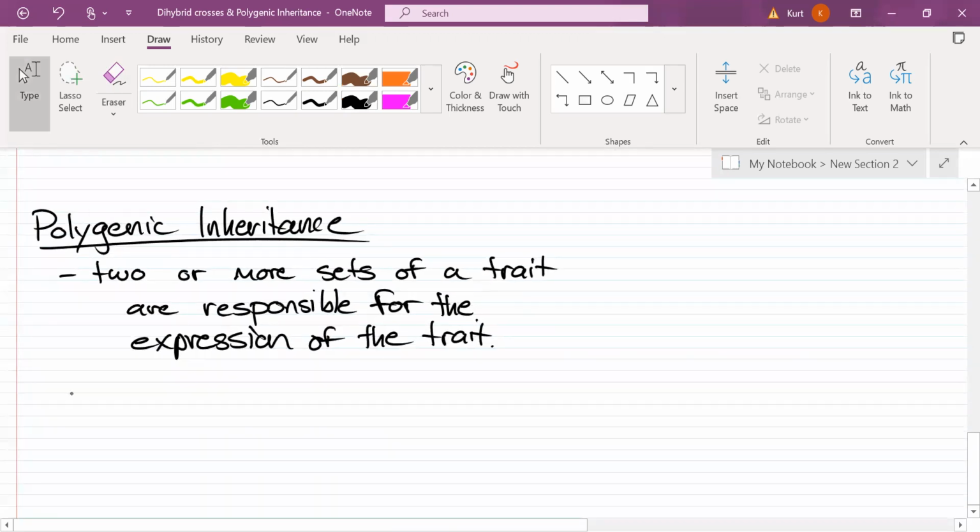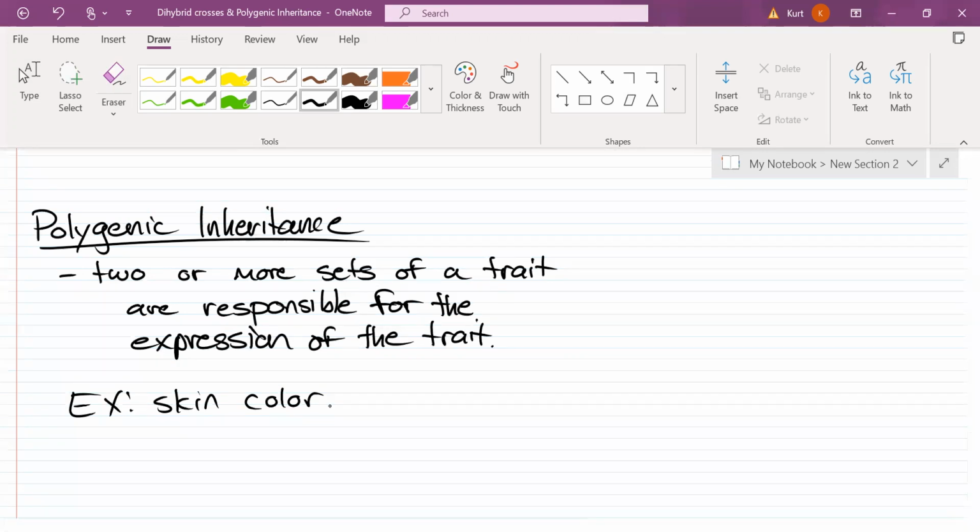So an example is skin color, everyone. Skin color in humans. It's not just dominant recessive. There are 6 alleles, 3 sets of alleles that actually dictate your skin color.